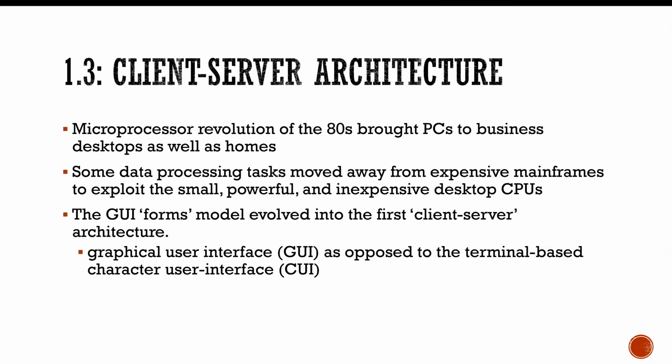Then you had data processing tasks that moved away from the mainframe to the small but powerful CPU on a PC. And so software like Lotus 1-2-3 and those kinds of software became very popular.